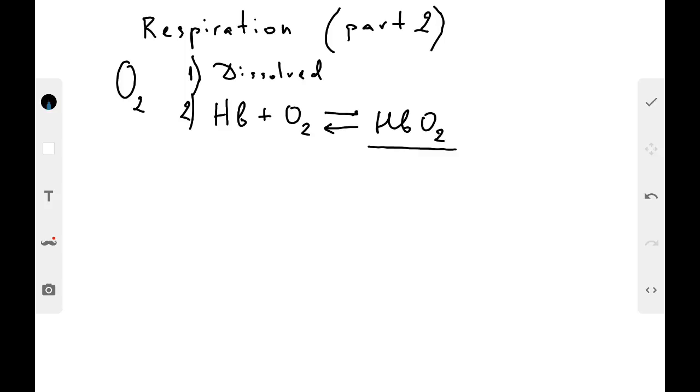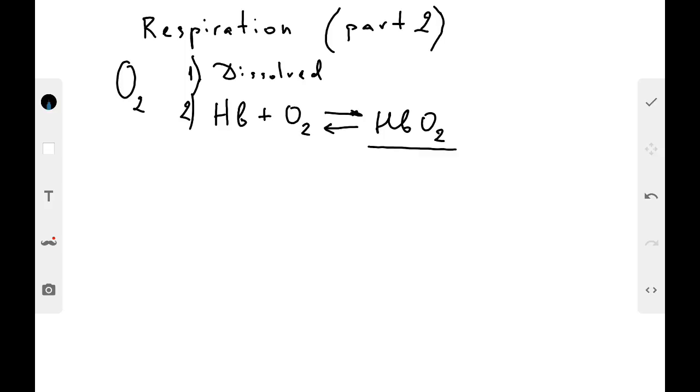So what factors determine the direction of this reaction? To oxyhemoglobin or back to dissociation, to hemoglobin and oxygen separately.